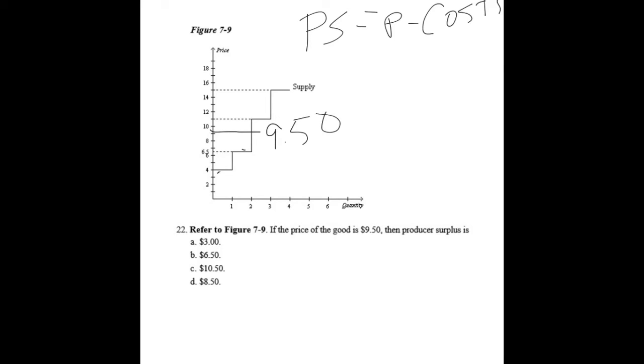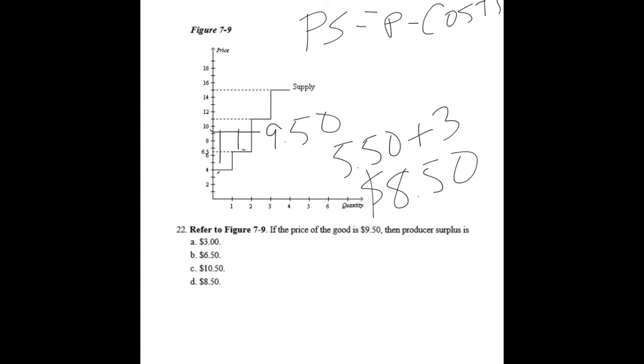The producer surplus of the first item is $9.50 minus $4, so that's $5.50. And then the producer surplus for the second item is $9.50 minus $6.50, so that's $3. So the correct answer is $8.50. Correct answer is D.